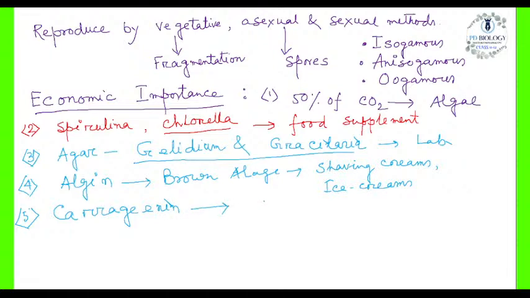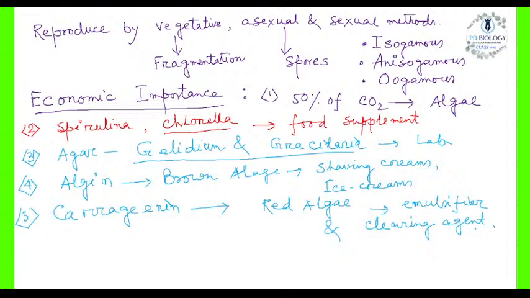Carrageenan is from red algae, used as emulsifier and cleaning agent. So these are the prime uses of the algae.